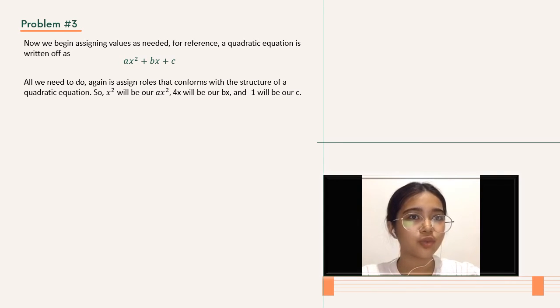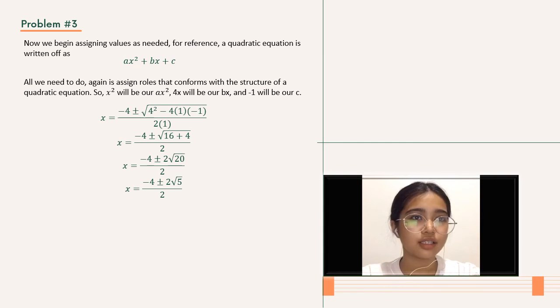So, x squared will be our ax squared, 4x will be our bx, and negative 1 will be our c. x equals negative 4 plus or minus the square root of 4 squared minus 4 times 1 times negative 1 over 2 times 1.